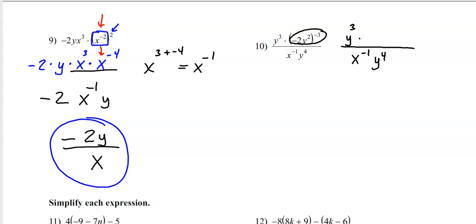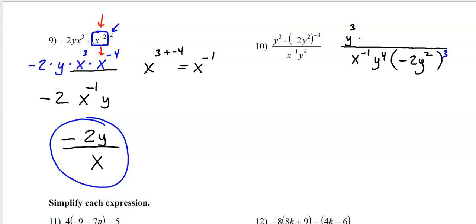So here might be a move where, especially when you have fractions going on, I might view this one and say, you know what? This is just a bunch of crap raised to the negative 3rd power. So why don't I fix that right now by putting that bunch of crap down on the bottom and making it be to the positive 3rd power. So let's go back in and look at what that bunch of crap was. It was a -2y squared.